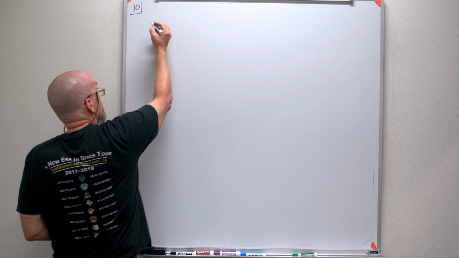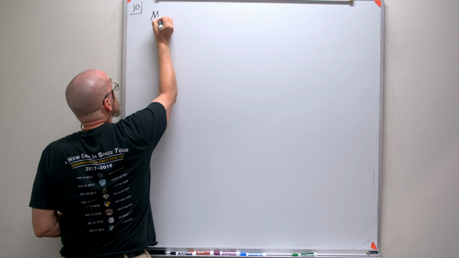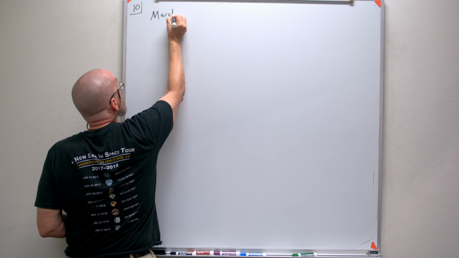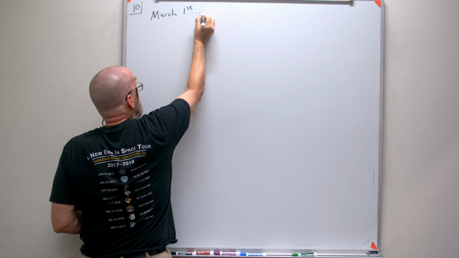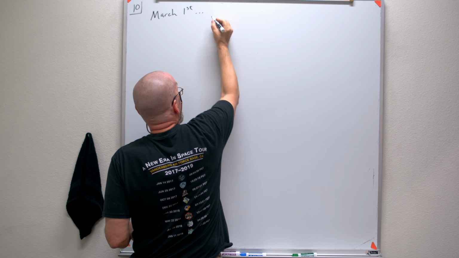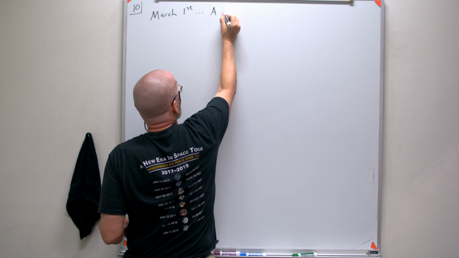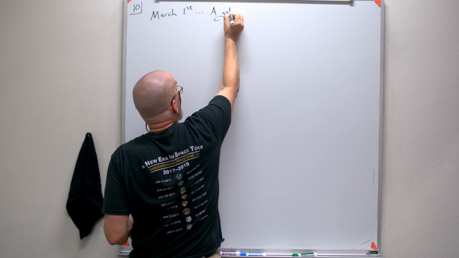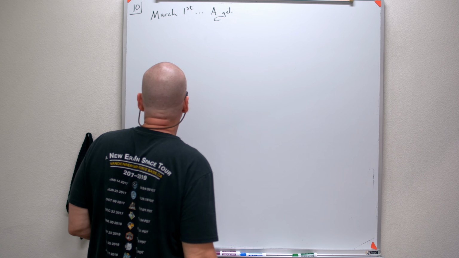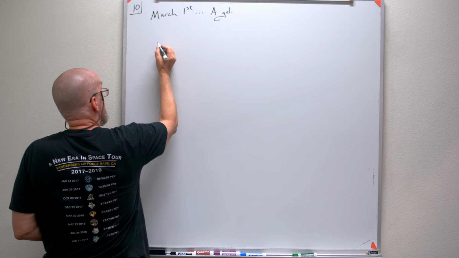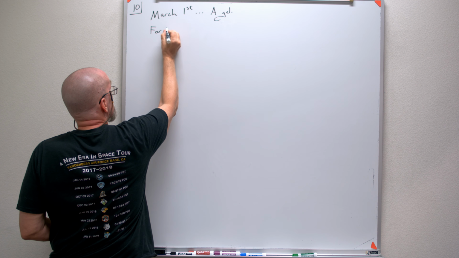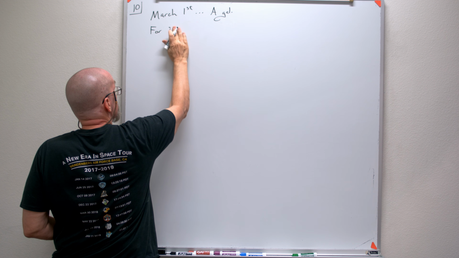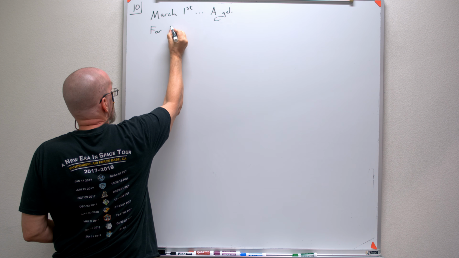Anyway, I'm going to say on March 1st, we add, I'm just going to give it an amount, I'll call it A gallons, is put into the tank, right? So we're going to start off with A gallons, and I'm going to change this, I'm going to make it for 29 more days.